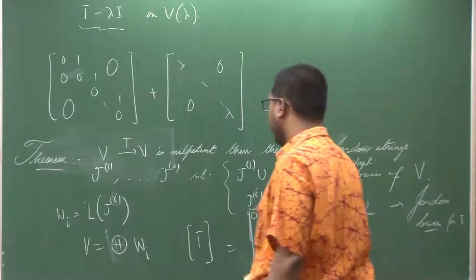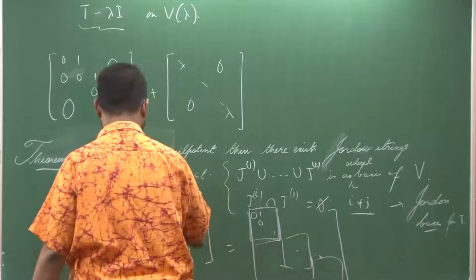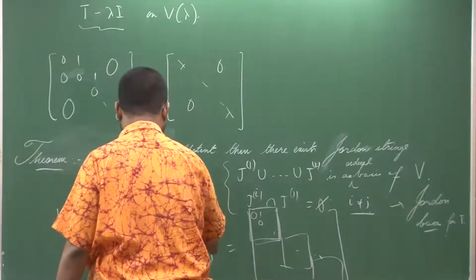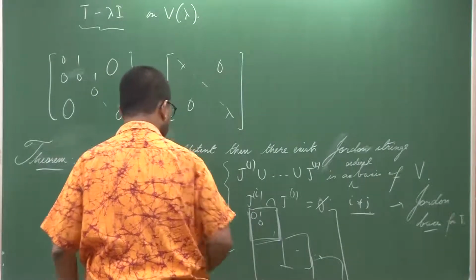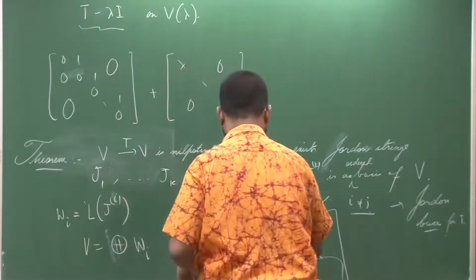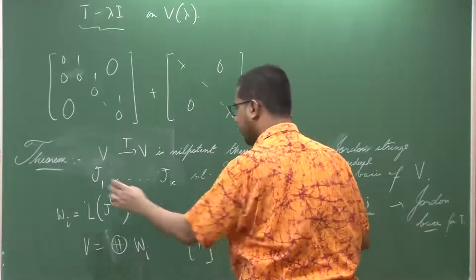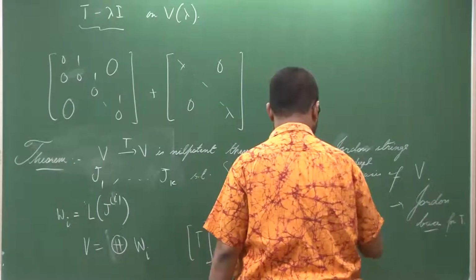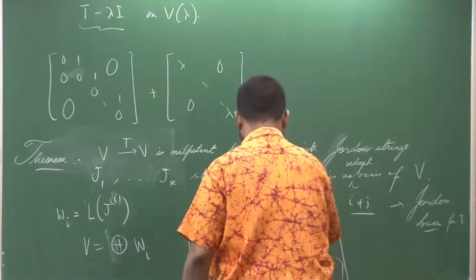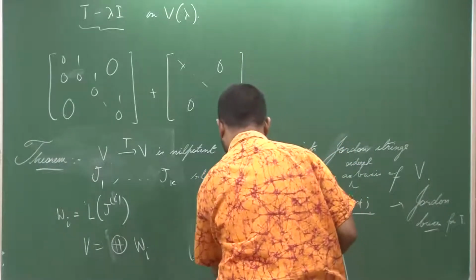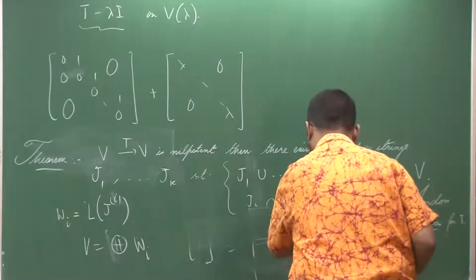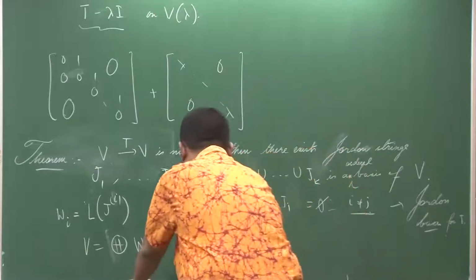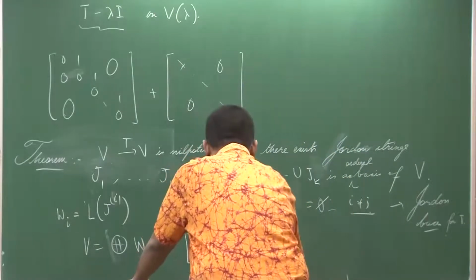So we would rather simply write J1 up to Jk. So these are Jordan strings. Thus these are non-zero subsets of V, J1 up to Jk, such that the matrix must be of this form.